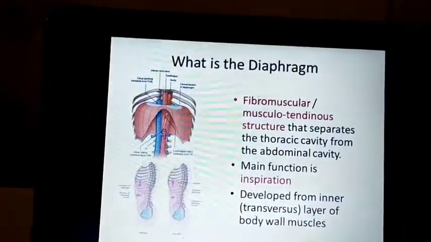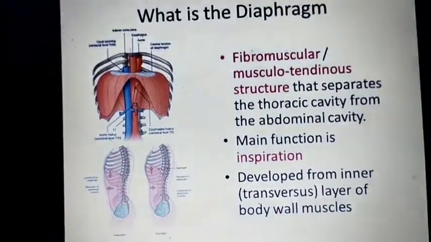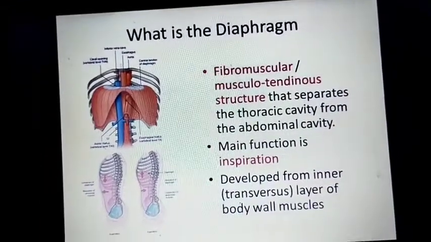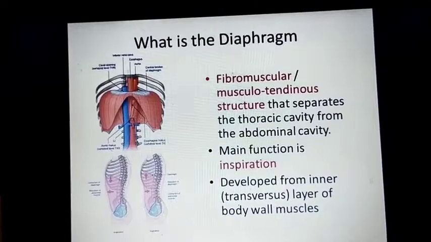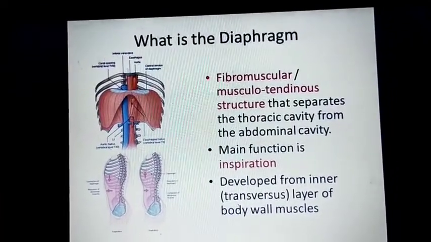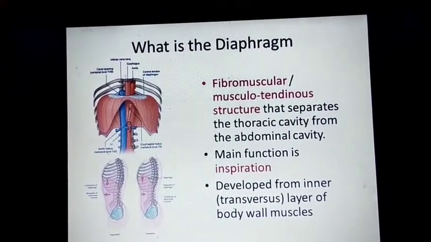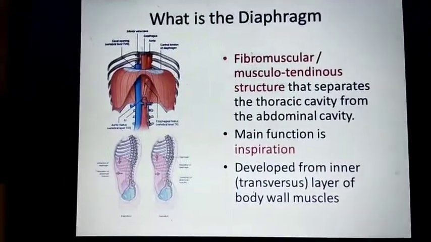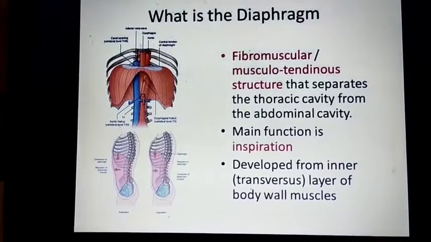In the next slide, it is a fibromuscular or musculotendinous structure that separates the thoracic cavity from the abdominal cavity. Its main function is to help in respiration, mainly inspiration.